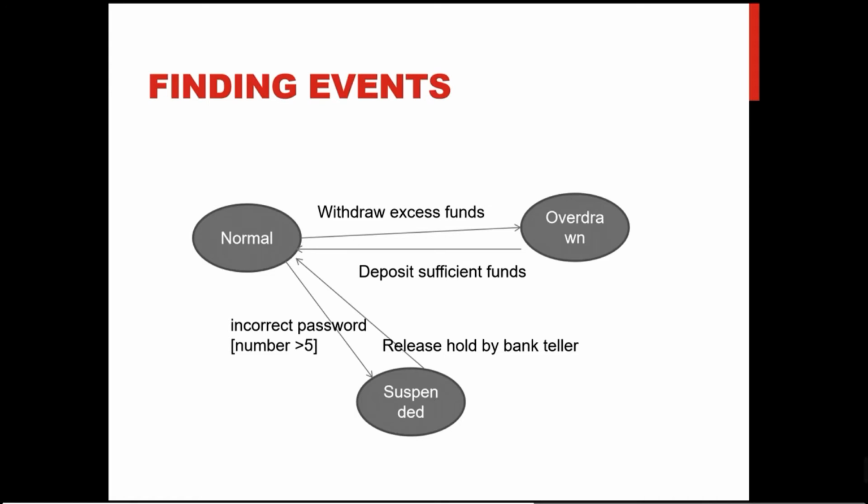For the suspended state, it means that the release is associated with some bank teller. So account is a class and the bank teller is another class. So this kind of release is a kind of action. You do remember that an action usually means there are associations. It means release hold is a kind of association with bank teller.